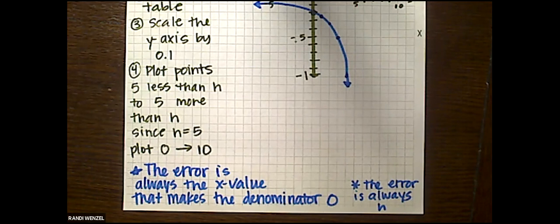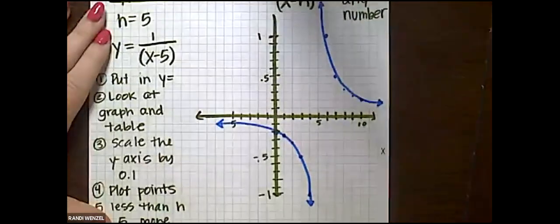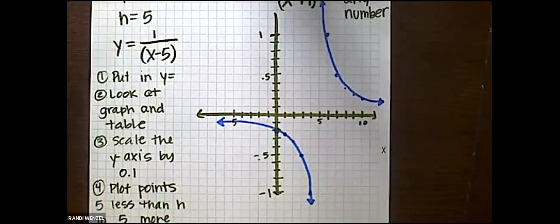So we've been talking about key points and key characteristics. This graph has a key characteristic that none of our other graphs had that we've worked with so far together, and it's called an asymptote. If you've never heard that word, it's kind of a silly word, but this graph actually has 2 asymptotes.